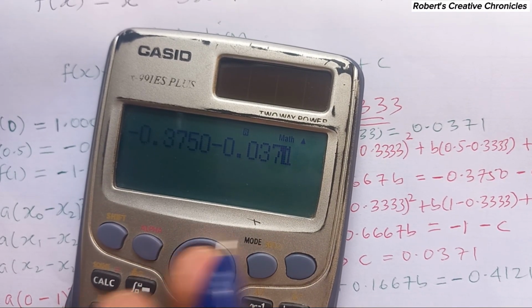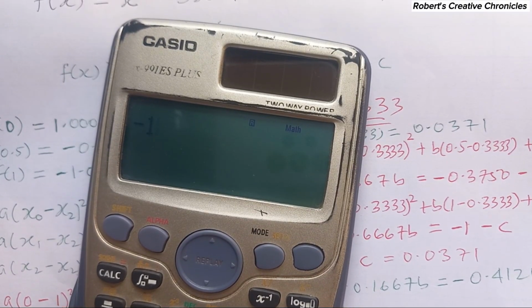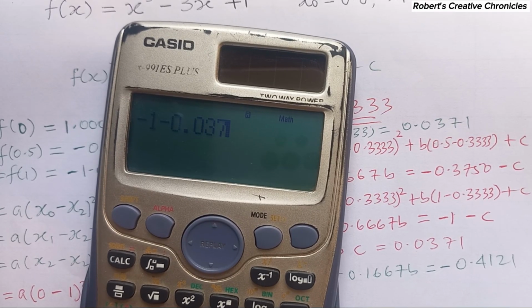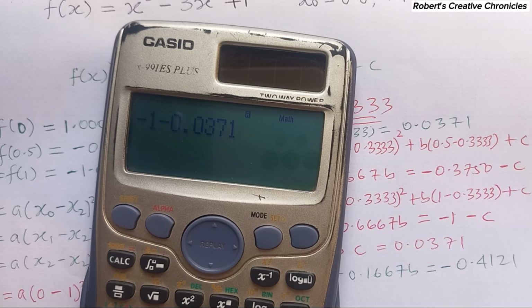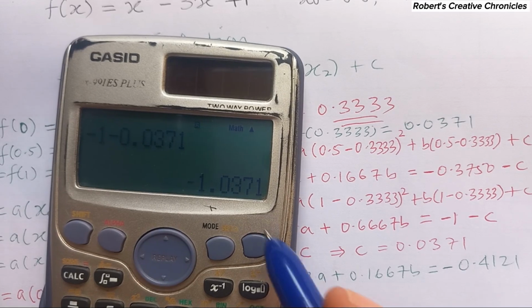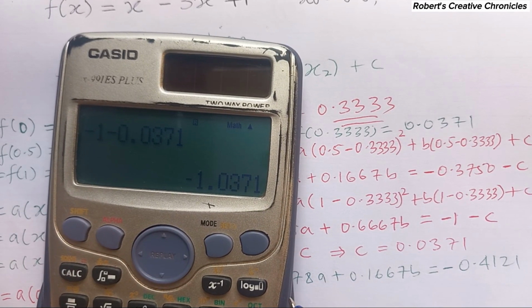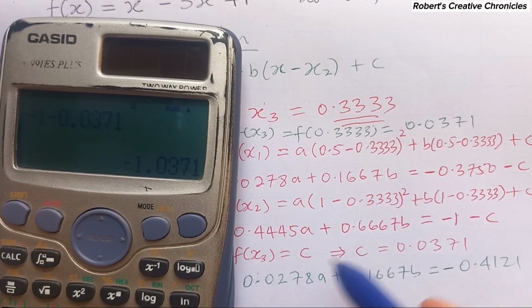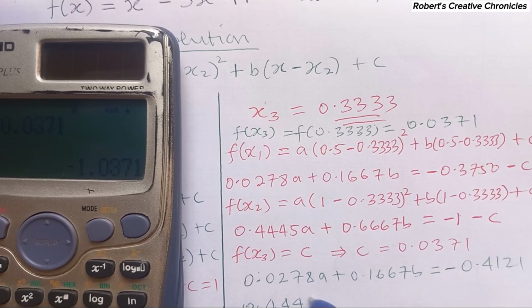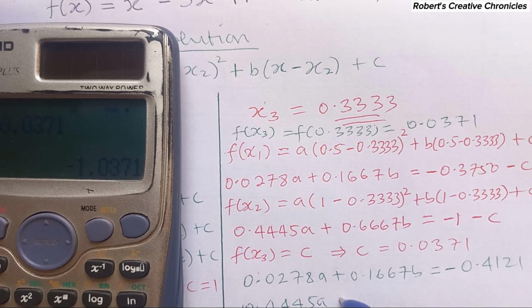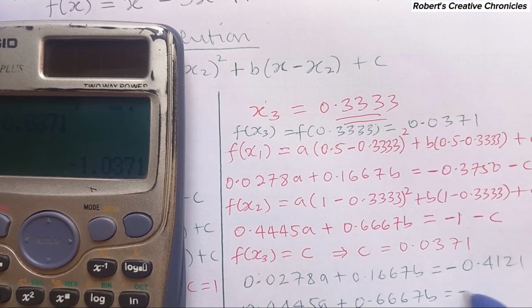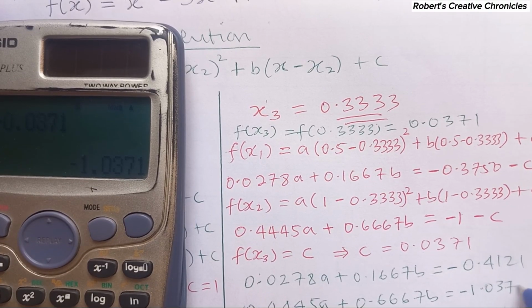Then this one is negative 1 minus 0.0371, which is negative 1.0371. So here this one will be 0.4445a plus 0.6667b is equal to negative 1.0371.